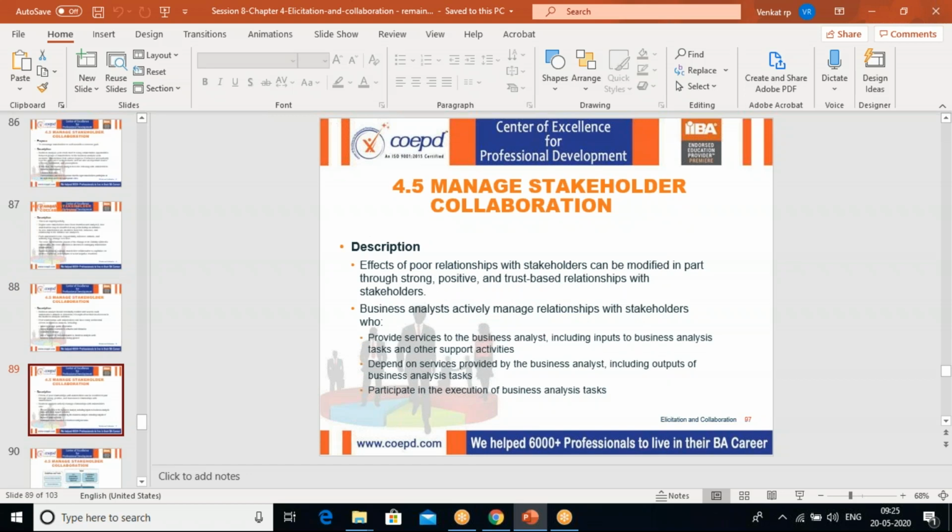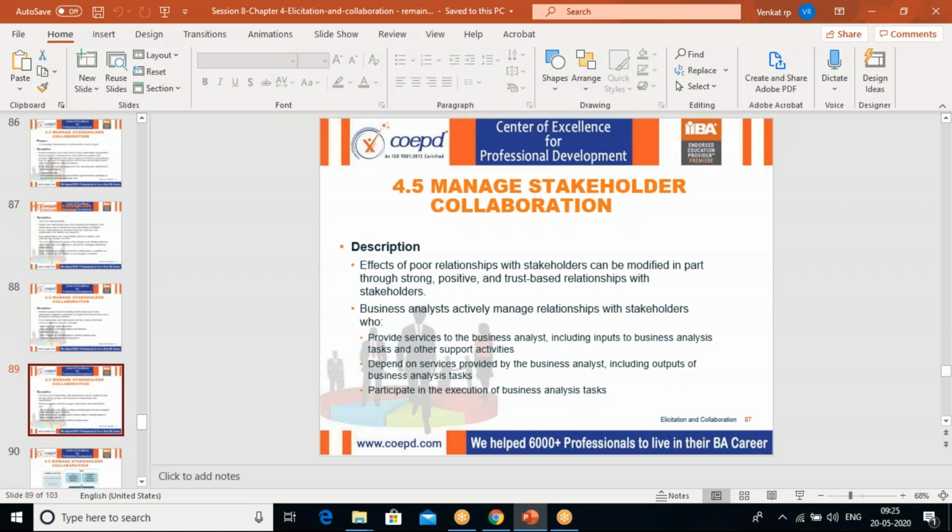They depend on the services provided by the business analyst, including the outputs of the business analysis tasks you give them, and they participate in the execution of those tasks. So that is the advantage of a good relationship with the concerned stakeholders and good stakeholder collaboration.